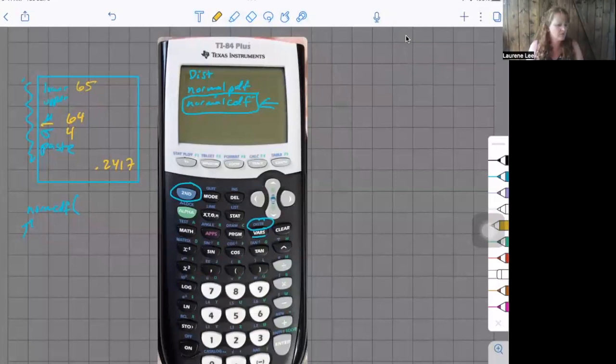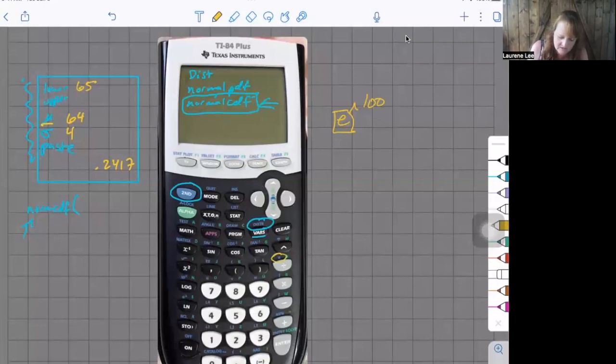And the way that we do that on a TI is we're going to write e to the 100 power. So first of all, e is right here above the division sign. This is just a number to the 100 power, which is really big. So it's just a way of writing 10 million easily. Okay, so the E button's here.